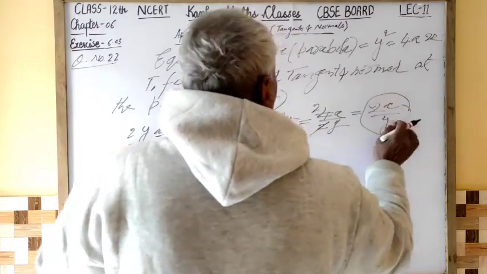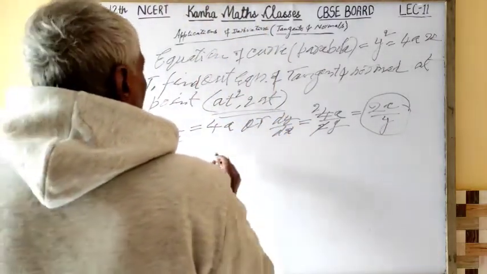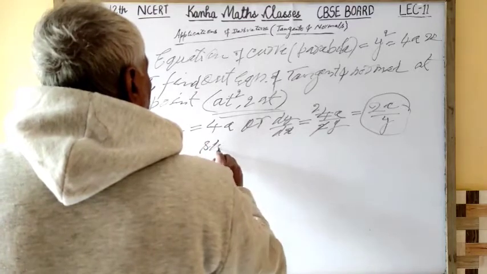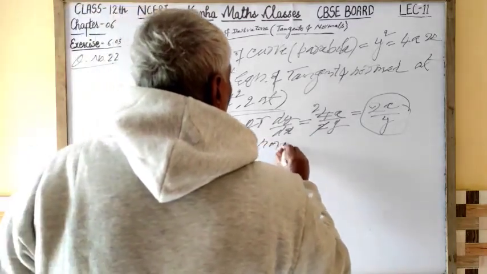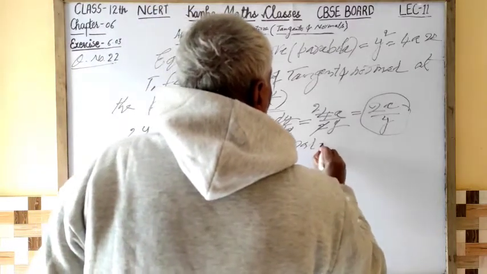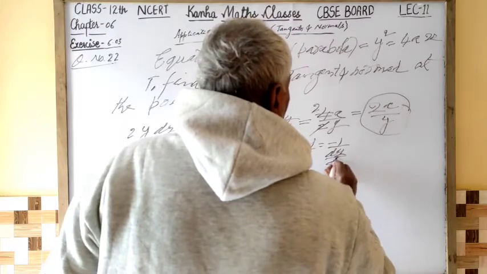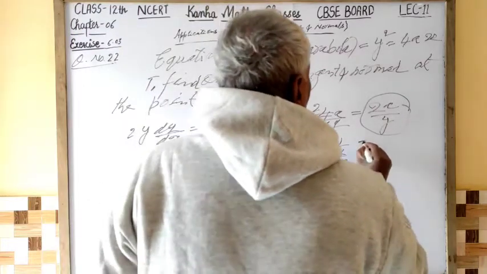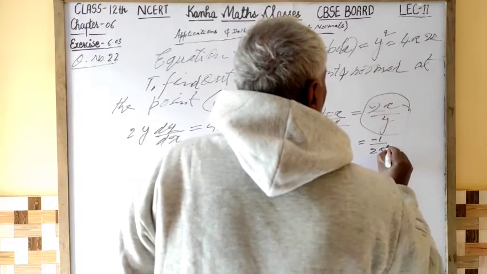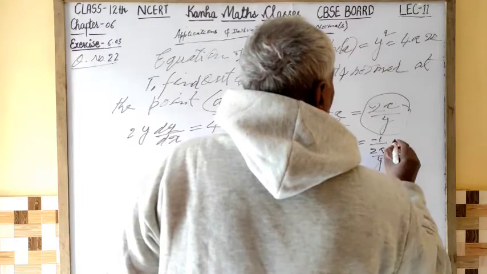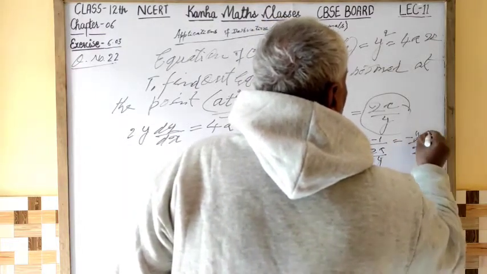This is the slope of the tangent. Slope of normal is equal to minus 1 upon dy by dx, which is equal to minus 1 upon 2a upon y, that is minus y upon 2a.